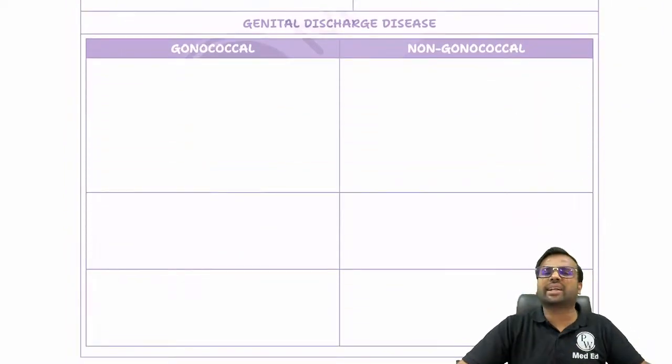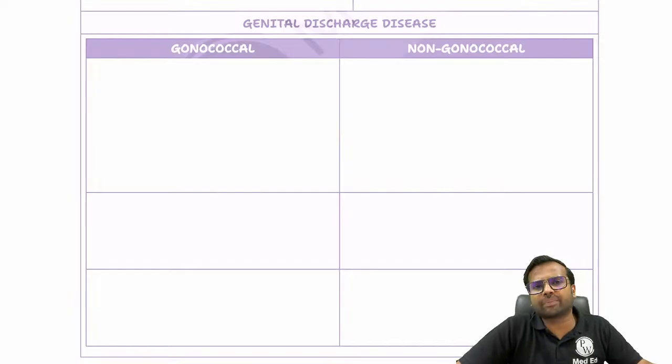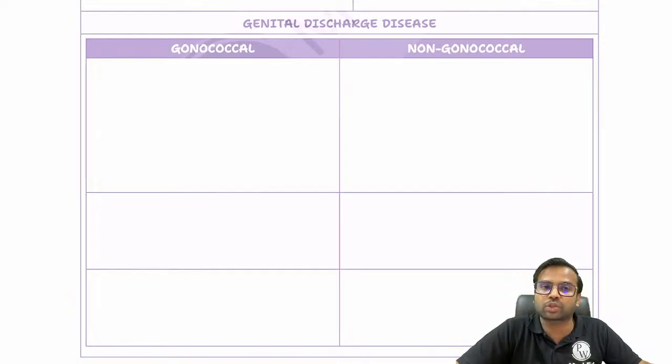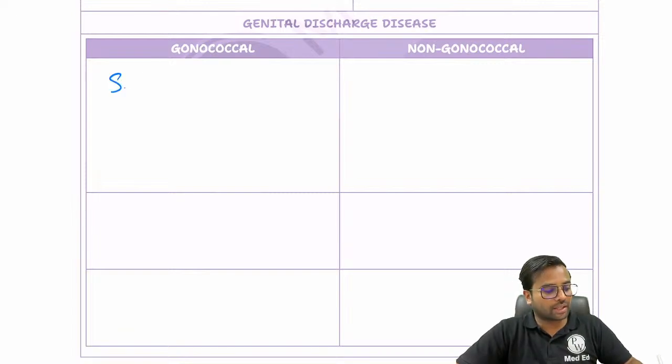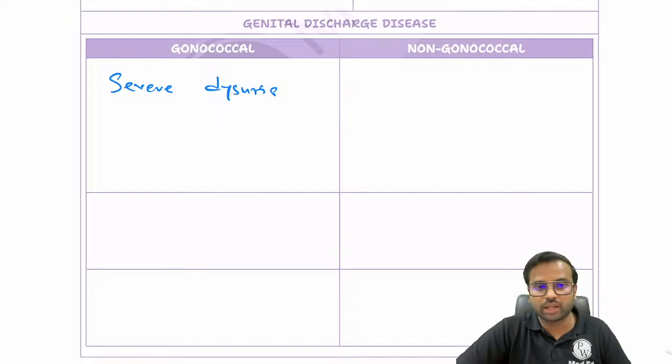And when it comes to genital ulcer disease, I'm sure that will also be discussed in gynecology. So we'll just talk a few words about it and then move to the next one. When it comes to genital discharge, it can be either a gonococcal discharge or a non-gonococcal one: gonococcal urethritis, non-gonococcal urethritis. When do you say that this is gonococcal urethritis? When the patient complains of severe dysuria, isn't it?